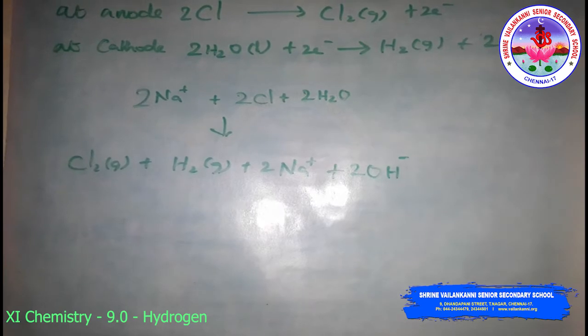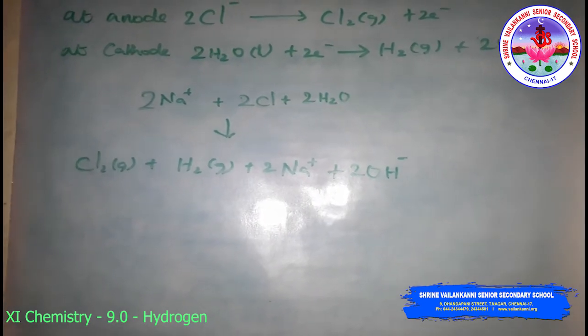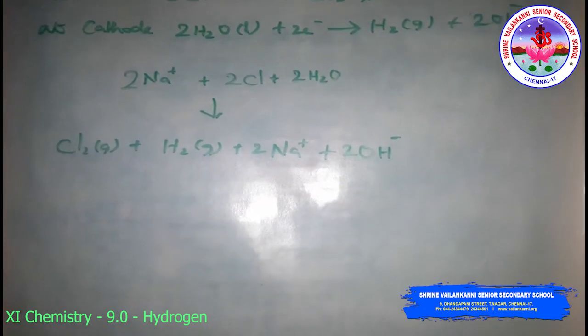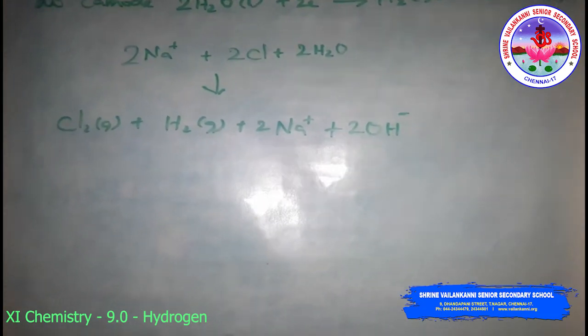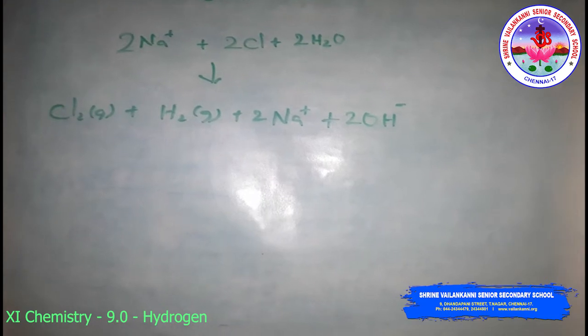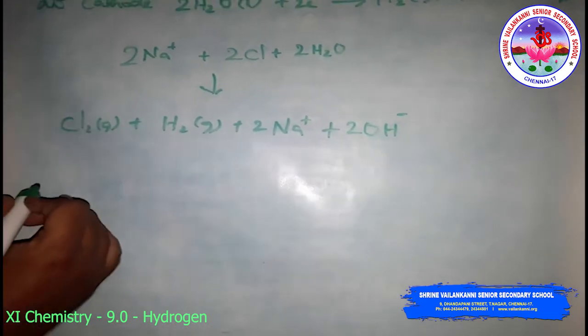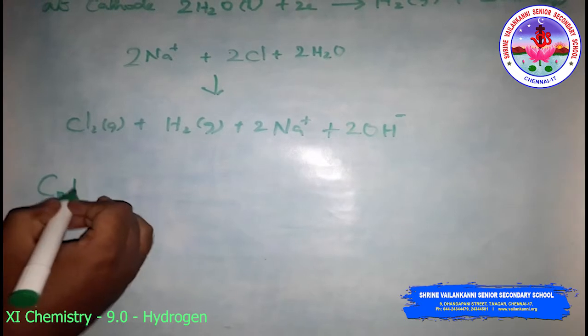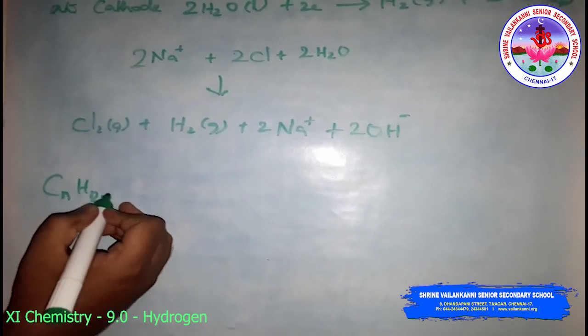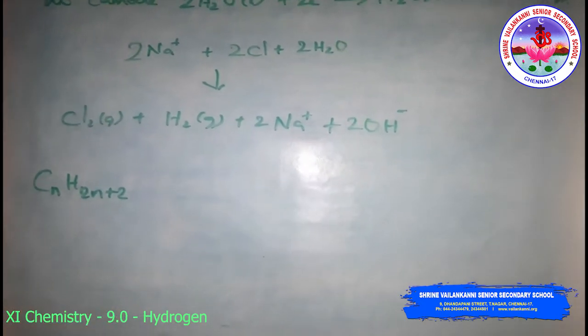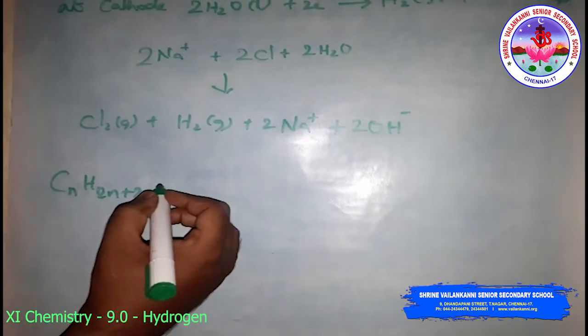Then the reaction of steam on hydrocarbons or coke at high temperature in the presence of a catalyst yields hydrogen. Generally, CnH2n+2 is the general formula of the hydrocarbon.